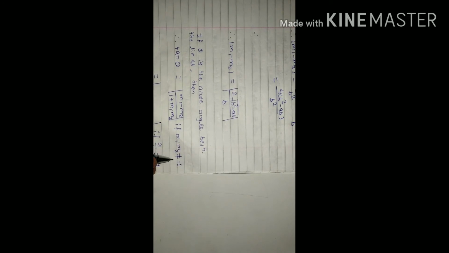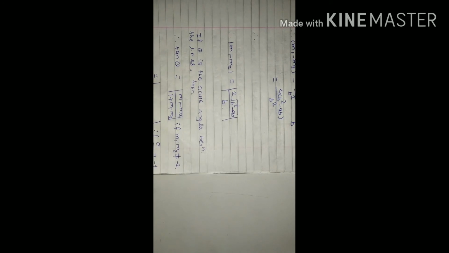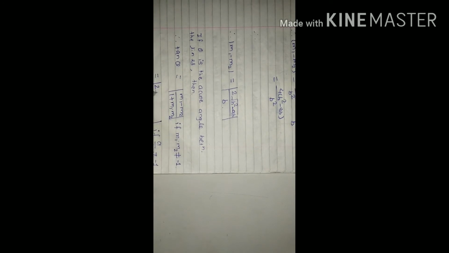If theta is the acute angle between the lines, then tan theta is equal to m1 minus m2 divided by 1 plus m1 into m2, if m1 into m2 is not equal to minus 1. Therefore it is equal to 2 into under root h square minus ab divided by b, divided by 1 plus a divided by b.